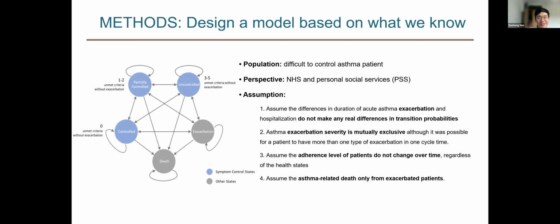In reality, some patients, after they experience an exacerbation and come back to a controlled state, may decide to improve their adherence. But to simplify the model, we assume it does not change over time, so that we can study what outcome the intervention generates when it changes adherence. And we also assume that asthma-related deaths only come from exacerbated patients.